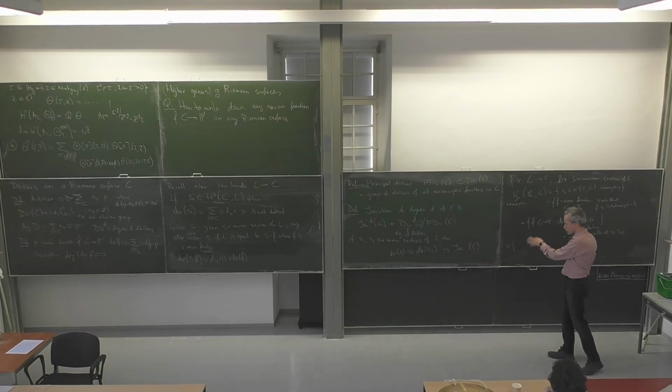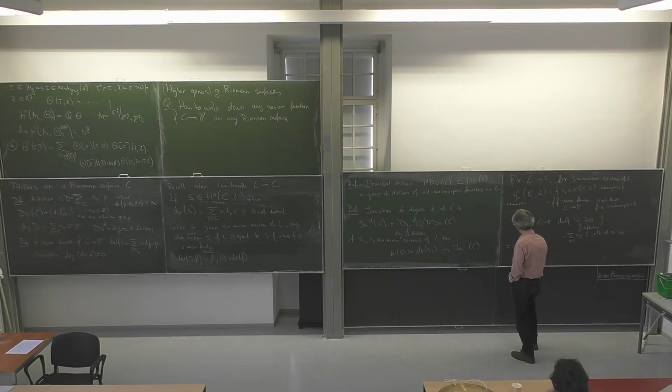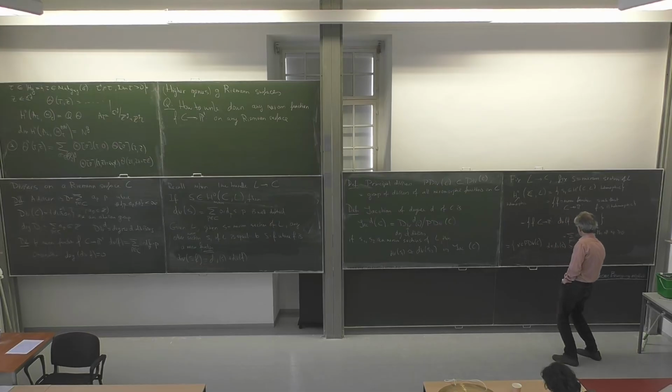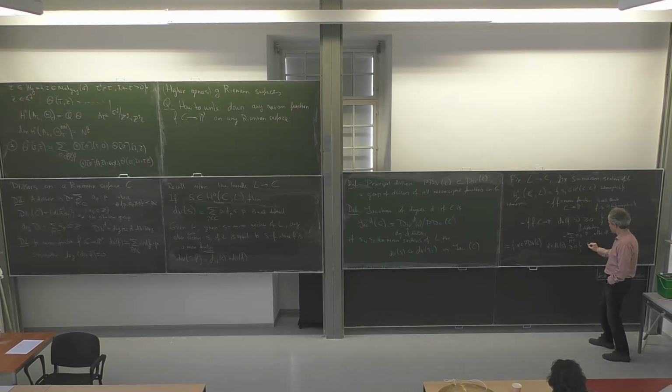And what I will write is correct, just you have to say the words carefully. So these are alpha, which are principal divisors on C, such that alpha plus the divisor of S is non-negative, right? I'm just massaging this, right? This is divisor of S plus the divisor of f. The divisor of f is alpha, right?